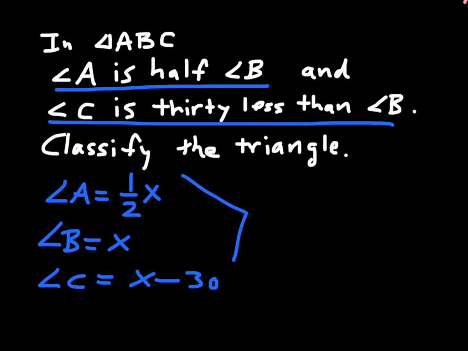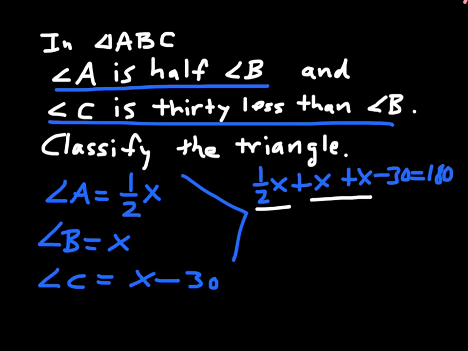Combine these three together to get my equation. 1/2 x plus x plus x minus 30 must add up to 180 degrees. If I combine the x's, 1/2 of an x and 2 more x's gives me 2.5 x's minus the 30 equals 180.